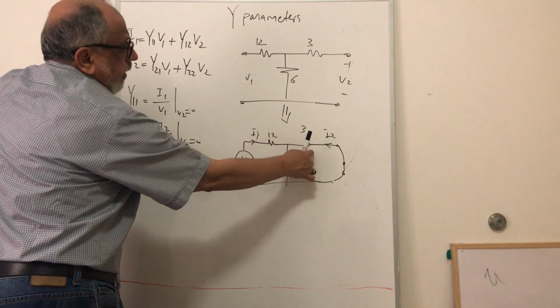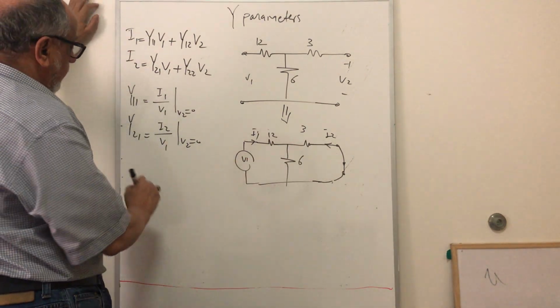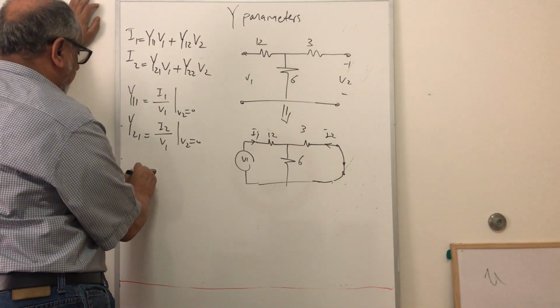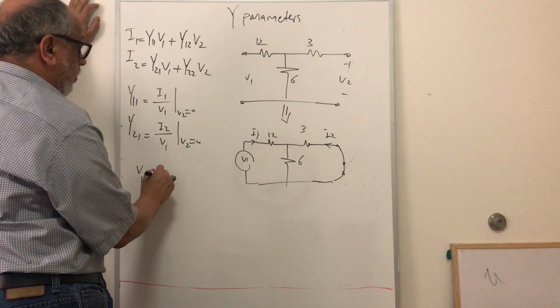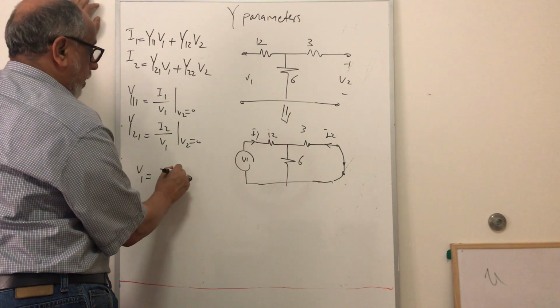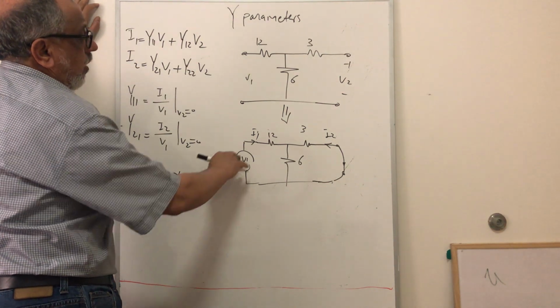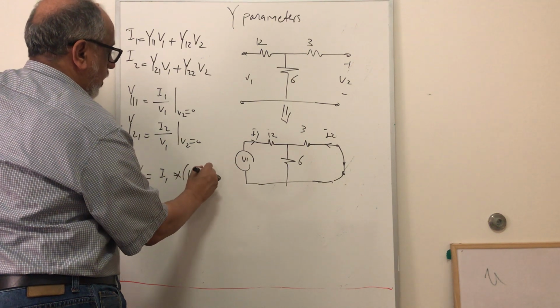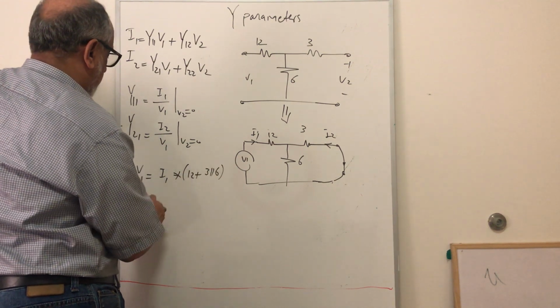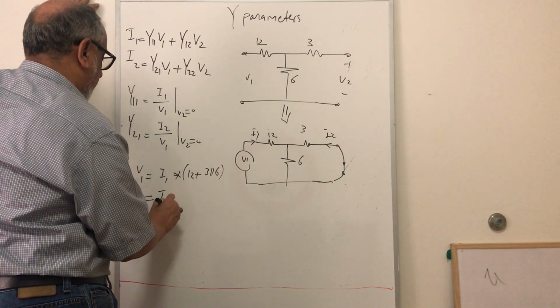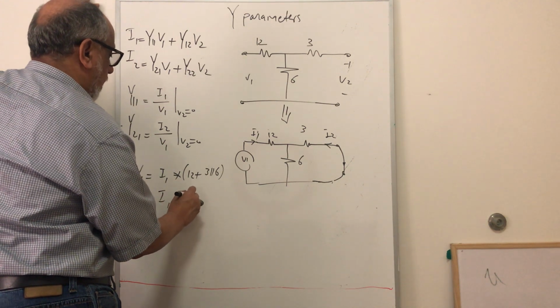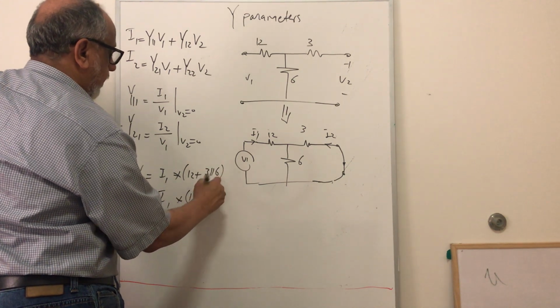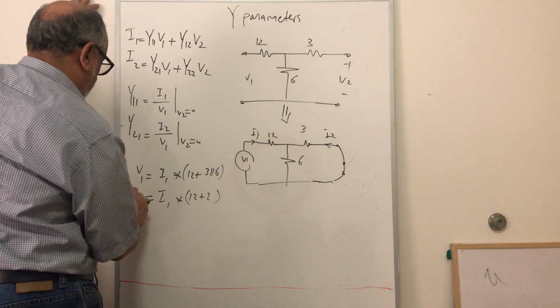So these two are in parallel, right? So we can say V1 is equal to I1 multiplied by the resistors in series. So we have 12 plus 3 in parallel with 6, right? So this is equal to I1 into 12 plus 3 times 6 over 9, which is 2, right? So that is V1.